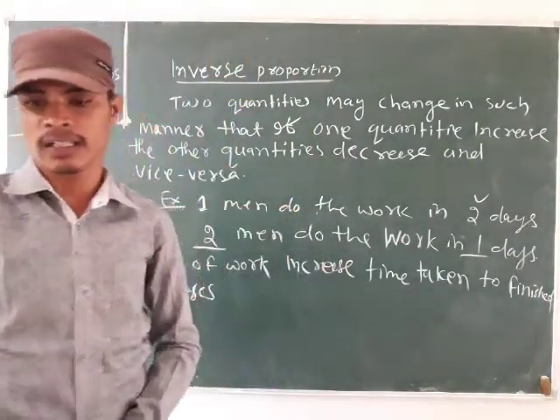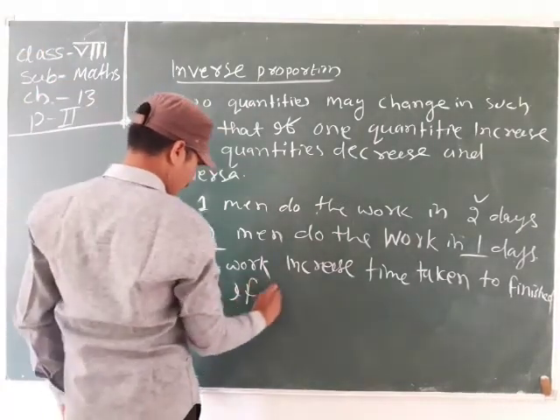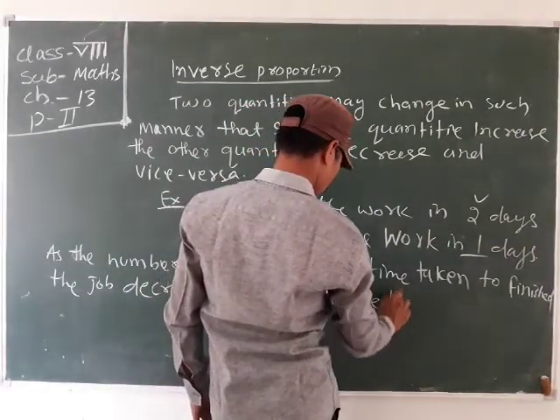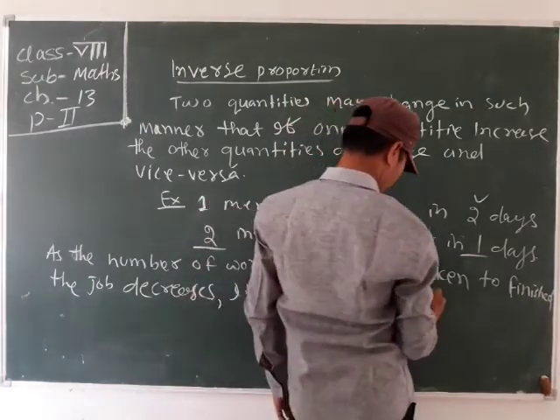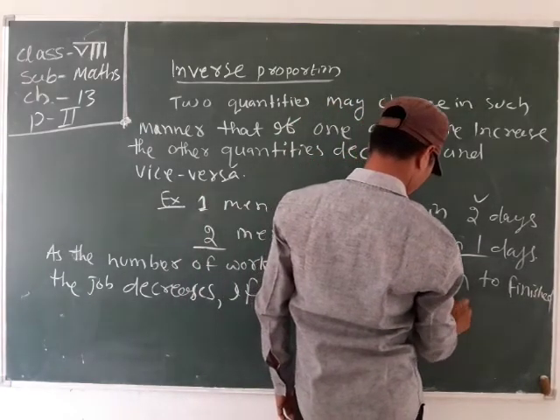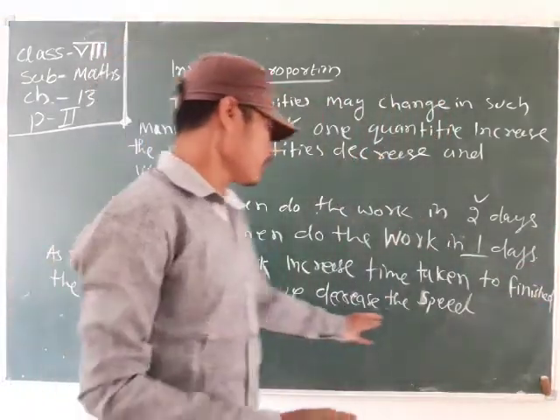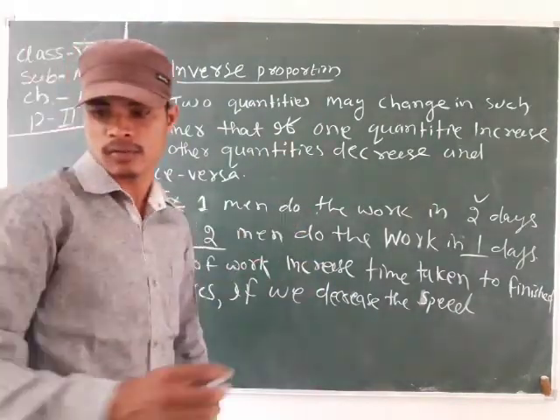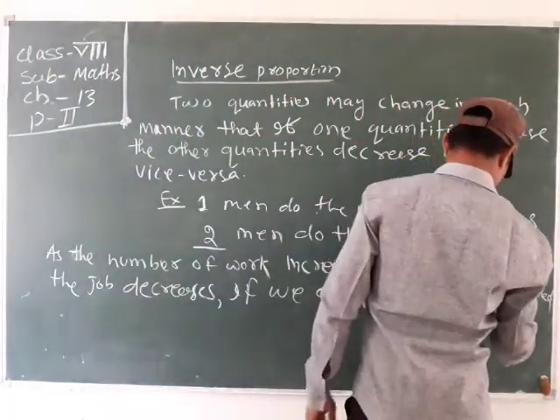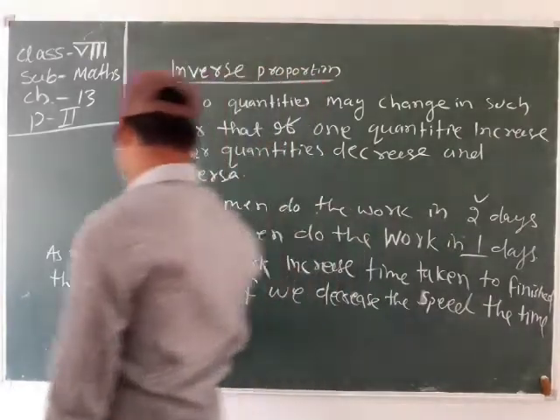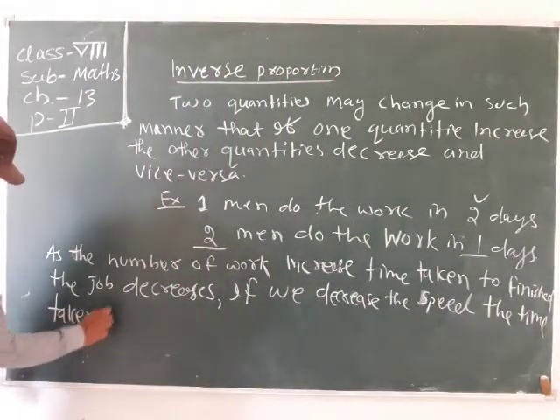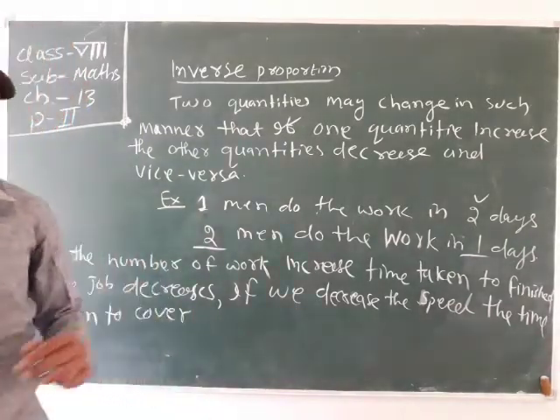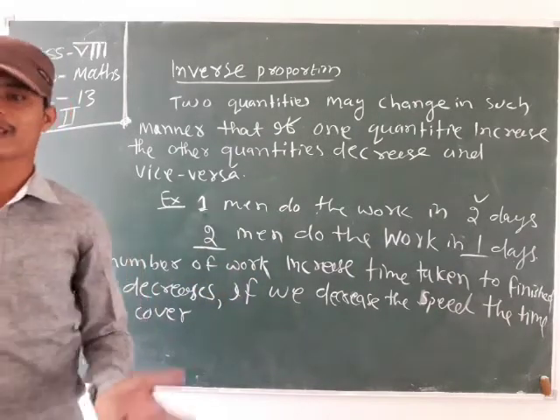If we decrease the speed of the vehicle, then the time taken to cover a given distance is lengthy.